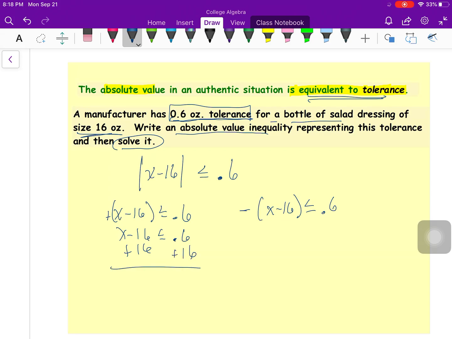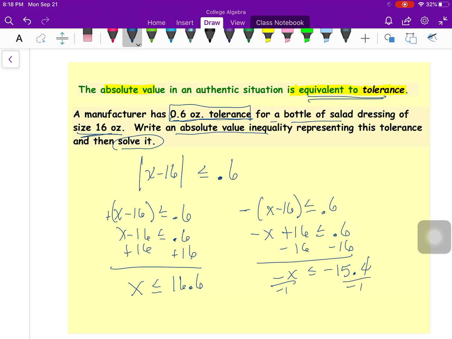Add 16. I get x has to be under 16.6 ounces. If I do my negative x plus 16 less than or equal to 0.6, subtract 16. Negative x less than or equal to negative 15.4. Divide by -1. Dividing by a negative flips my sign.